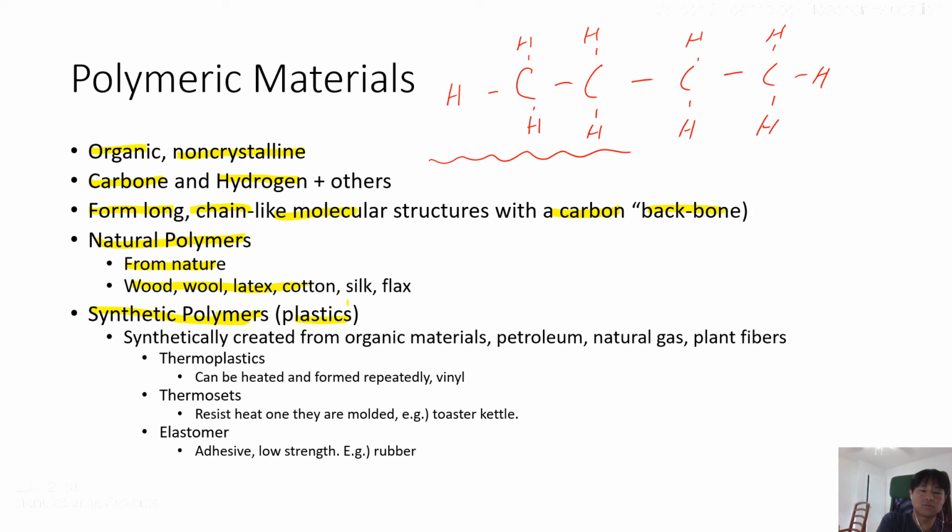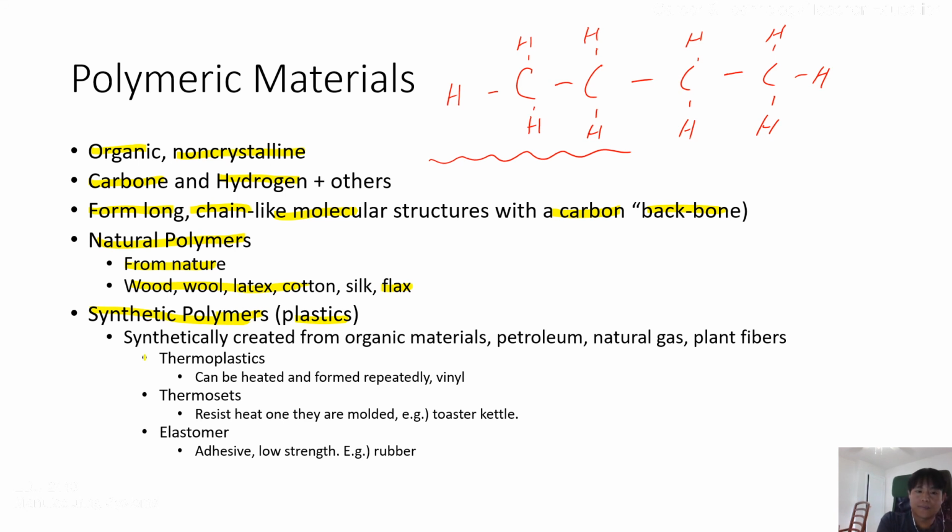Natural ones, you can guess, are like wool, latex, cotton, silk, flax. If you look at the molecule structure closely, you can see a carbon chain-like structure. But those materials are not enough. So that's why people make artificial polymers. That is called synthetic polymers, plastic.